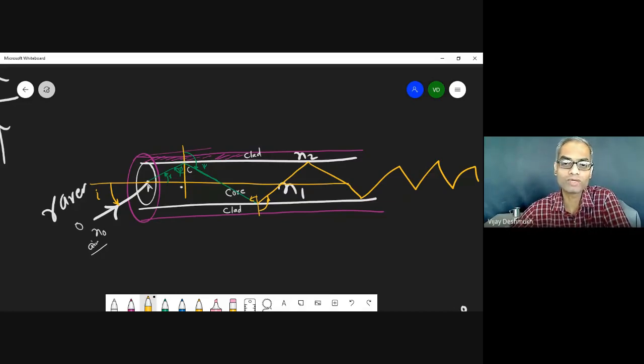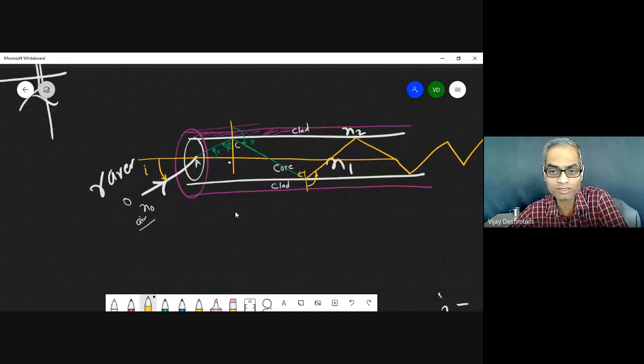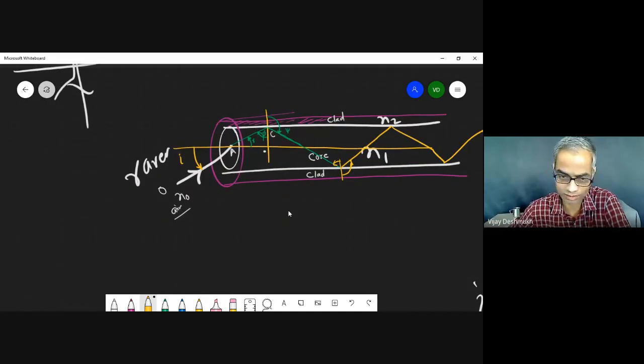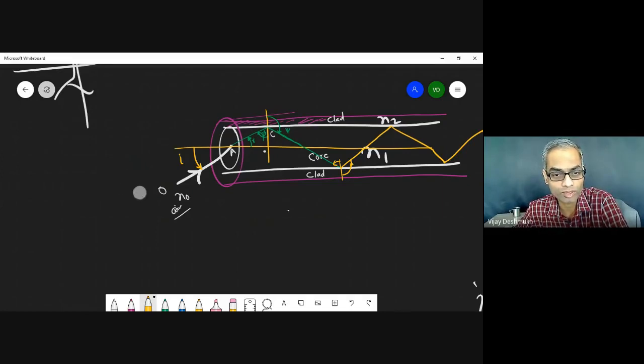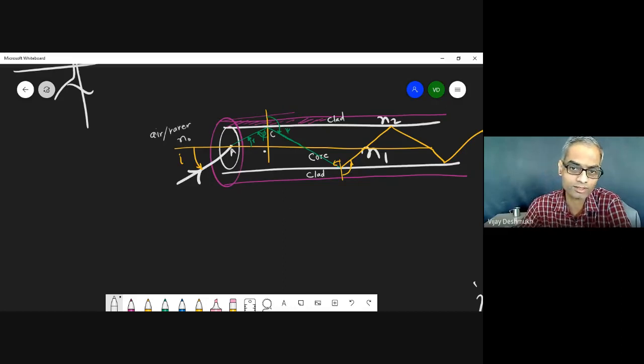So now we can find out some expression for this angle of incidence, and what should be the maximum angle of incidence or minimum angle of incidence. We'll see whether we talk about maximum or minimum. Okay. So let us consider this as the air medium or rarer medium, anyone, and we talk about the refractive index as N0.